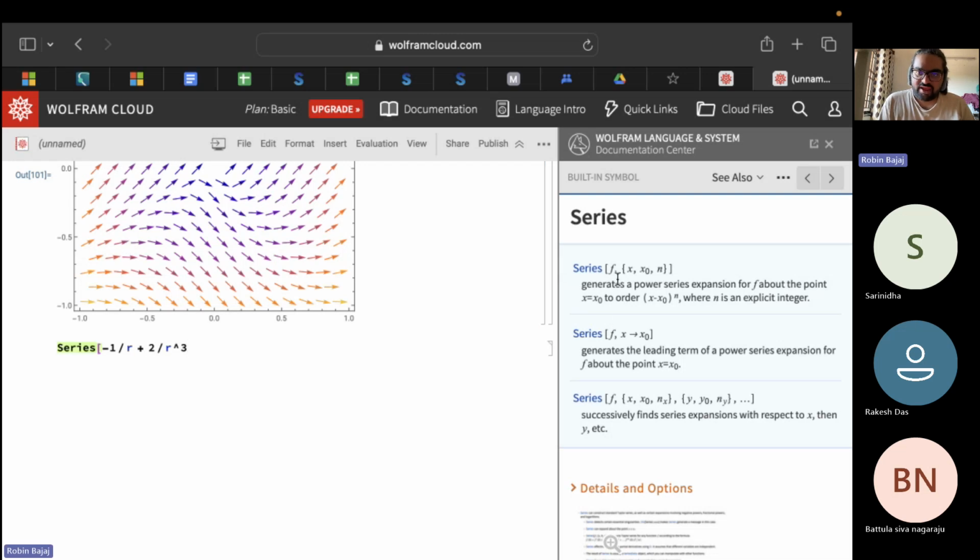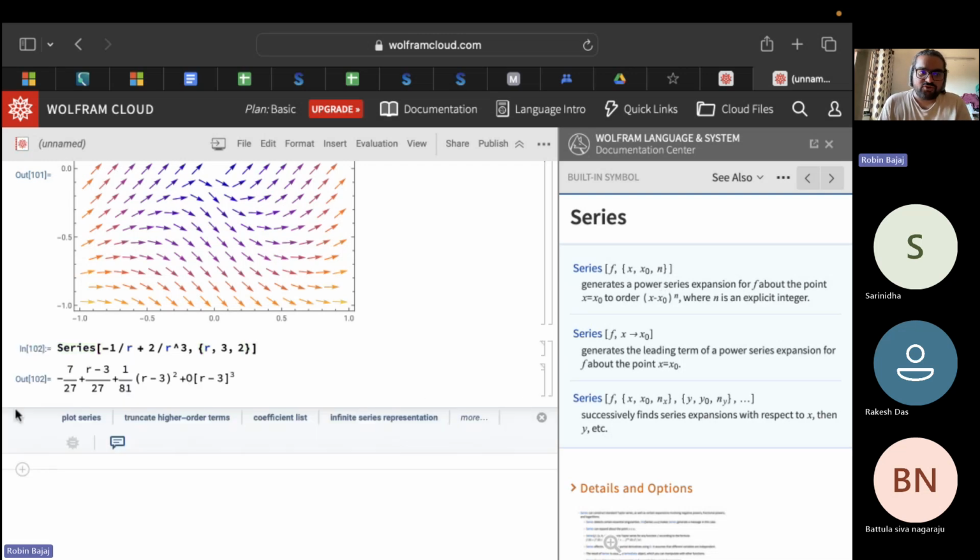This is our function f, comma, curly bracket x. Our x is r here, and x naught is the point where the derivative would be 0. If you do the derivative, it would be 3. And next is n, the order you want. You want the second order, so it's 2.